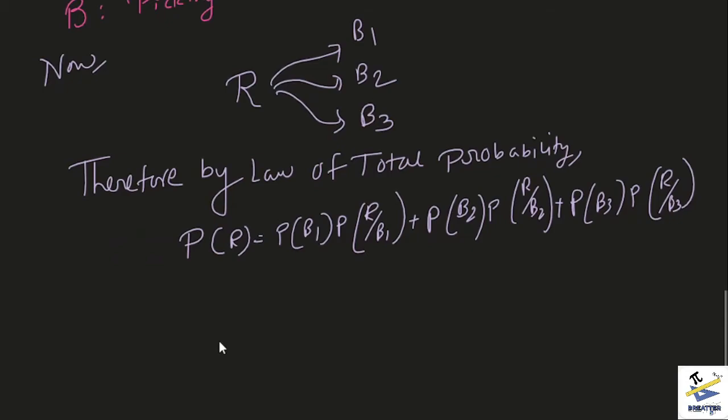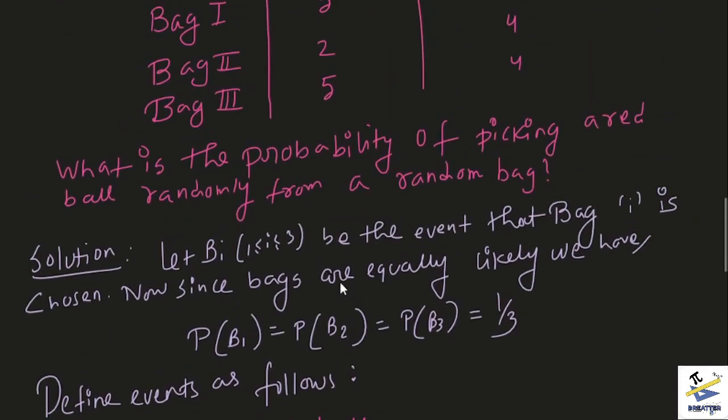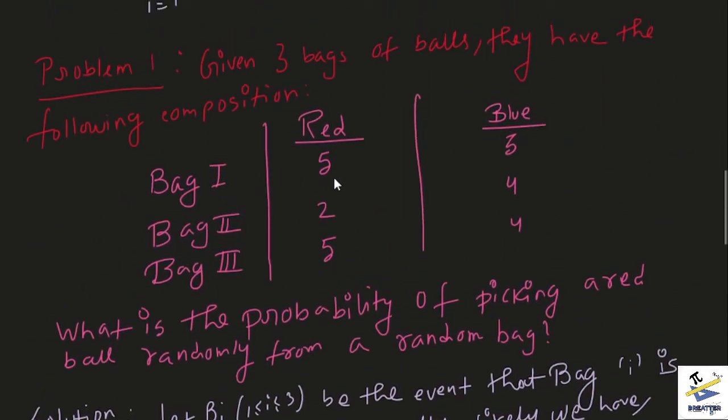Now what we need to find are the conditional probabilities: probability of R given Bi, for all i belonging to 1, 2, 3. That is for all the bags. So we need to find the probability of getting a red ball given that a certain bag is selected, right? So let us go back to the list. For bag 1, there are 5 red balls and 3 blue balls, right? So in total, let me write down the total here, which shall help us in finding the probability easier. So this becomes 8, this becomes 6, and this becomes 9, right?